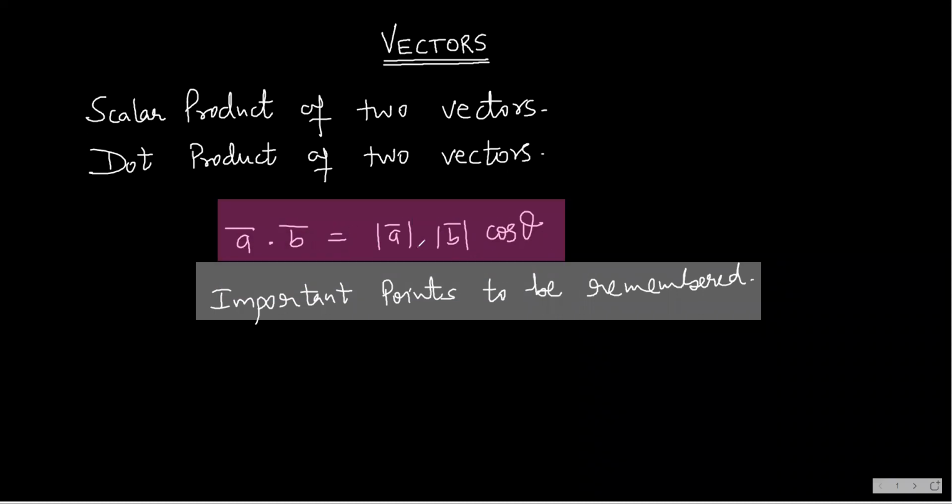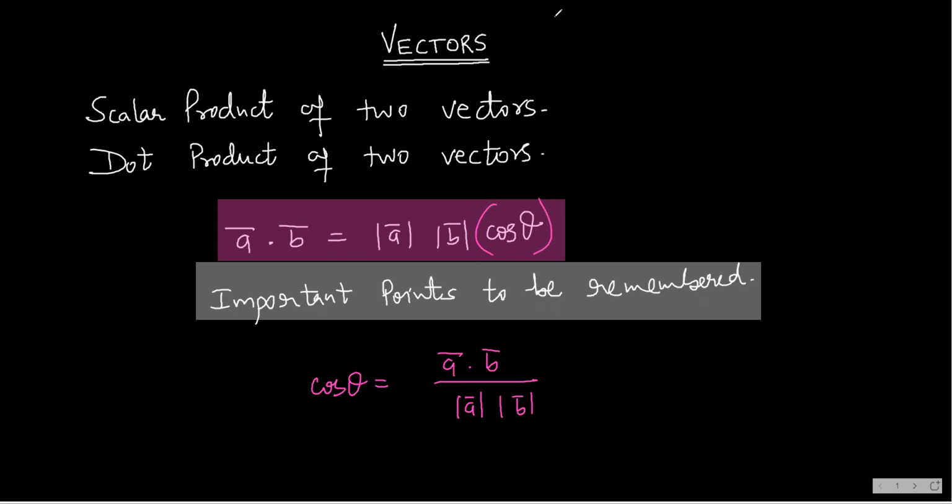As a bar dot b bar is mod a bar mod b bar cos theta, we can write cos of theta as a bar dot b bar upon mod a bar mod b bar. So this was the last part that we had done.